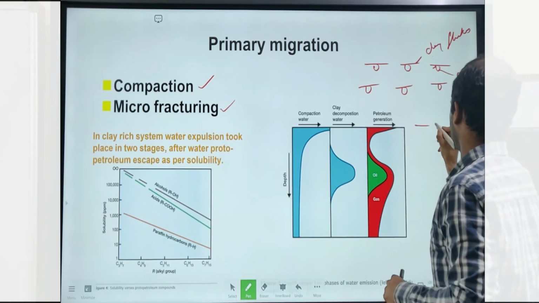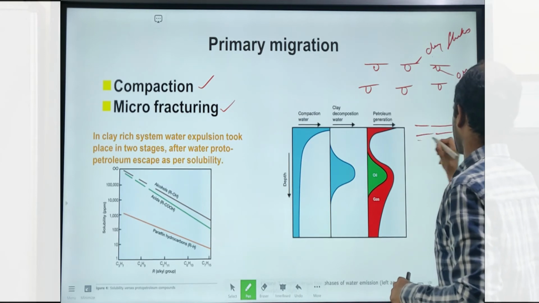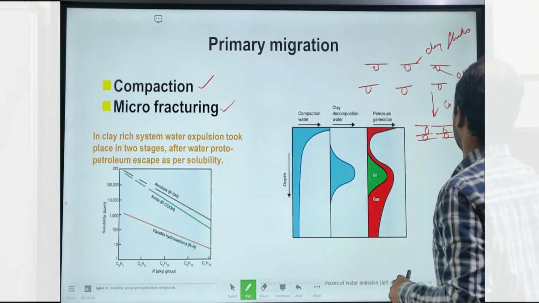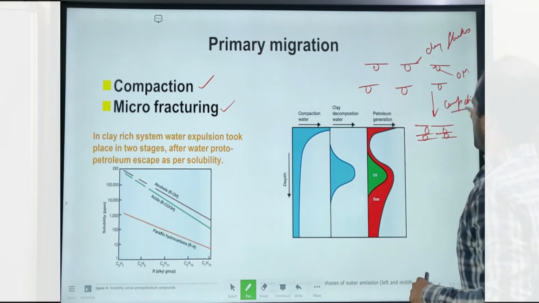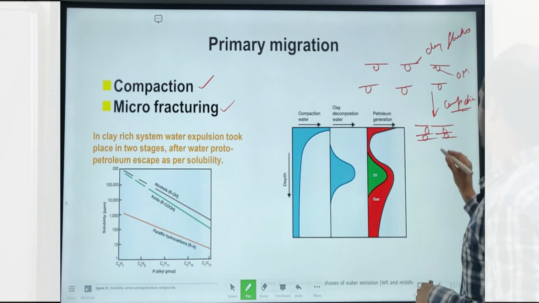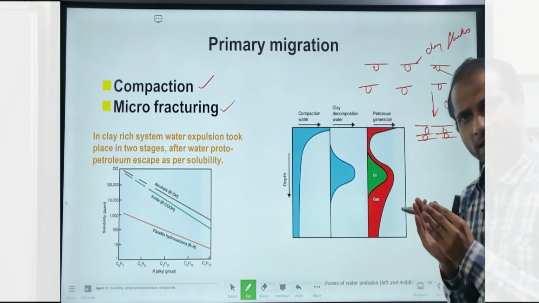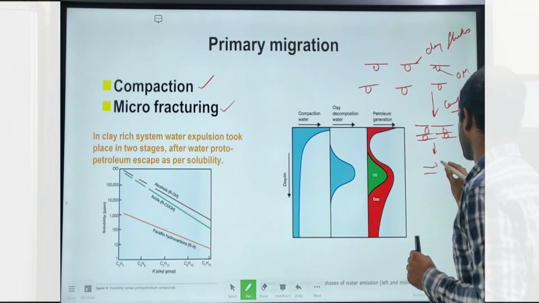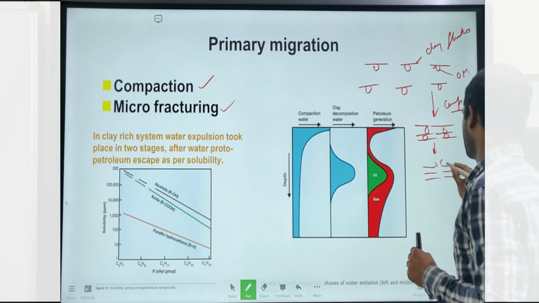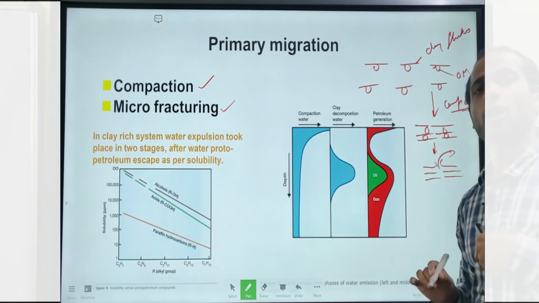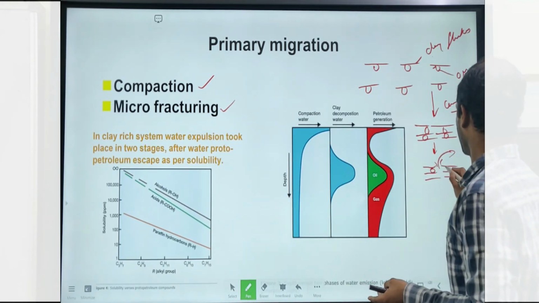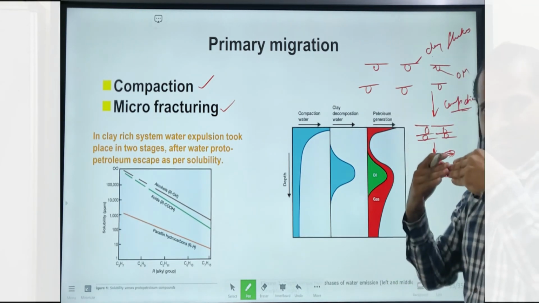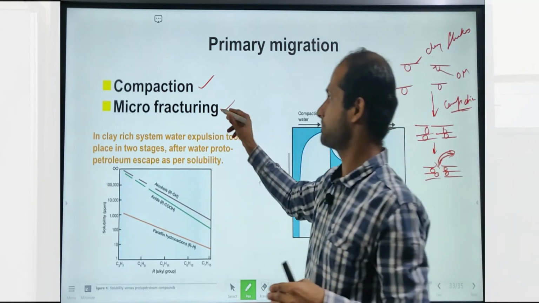When they come closer because of compaction, and after compaction, as soon as they are getting converted into hydrocarbon, some small fractures are generated in the flakes, leading to removal of the liquid material which is generated in between the flakes. That we call microfracturing.